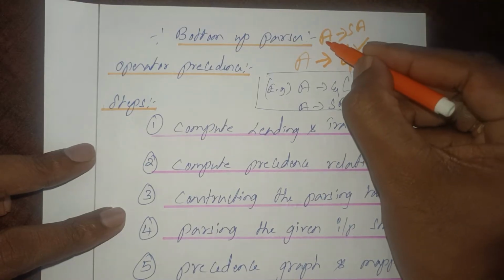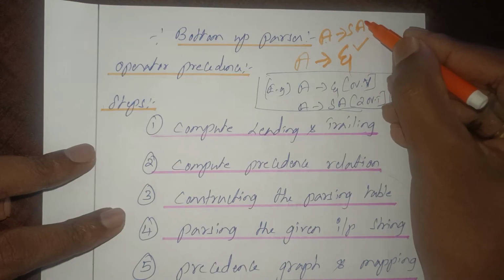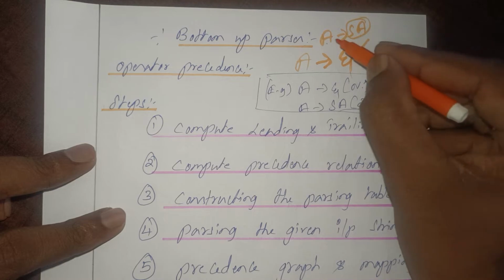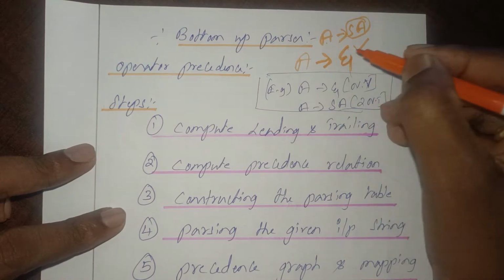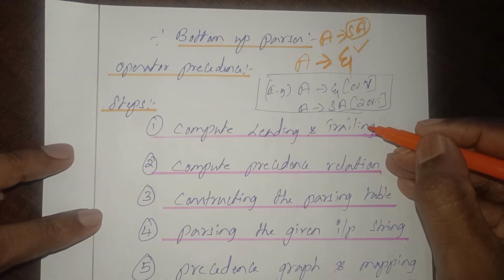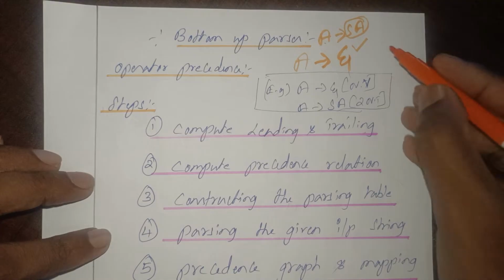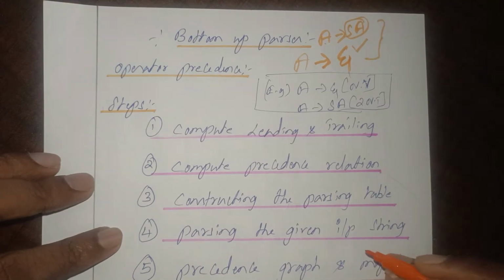For example, A is a non-terminal on the left hand side, and S is a non-terminal, and adjacent to that non-terminal is A here. So there should not be such a scenario in the given grammar. So this grammar is said to be operator precedence if these two properties are satisfied.